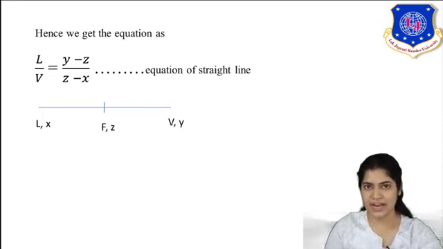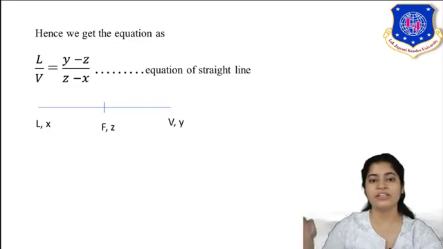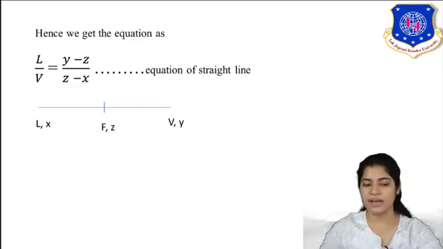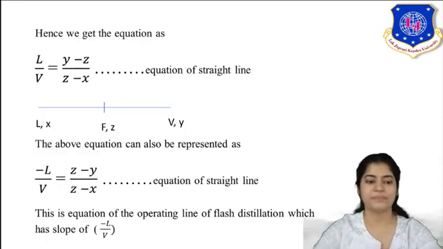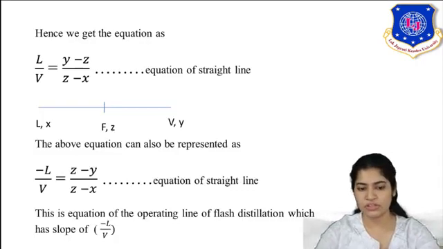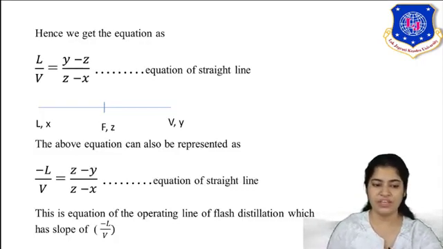Left-hand side is your LX, right-hand side is your VY, and in the middle is your feed Z. It is a property of the line now. L by V is (Y minus Z) upon (Z minus X). That is your equation of a straight line. Now I can also change this equation as minus L by V is equal to (Z minus Y) upon (Z minus X).